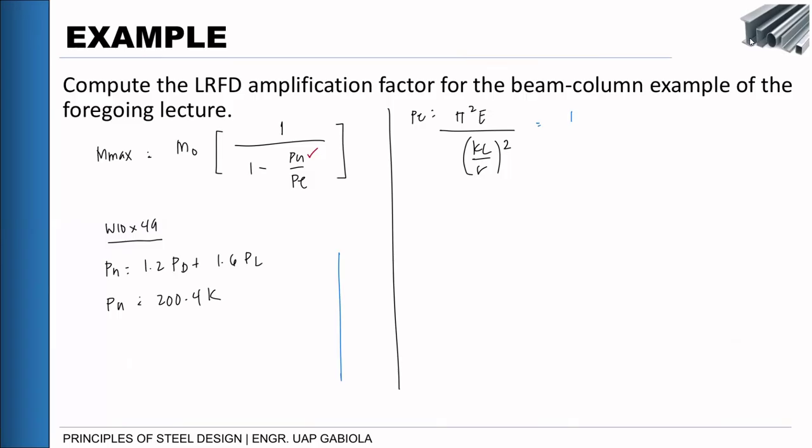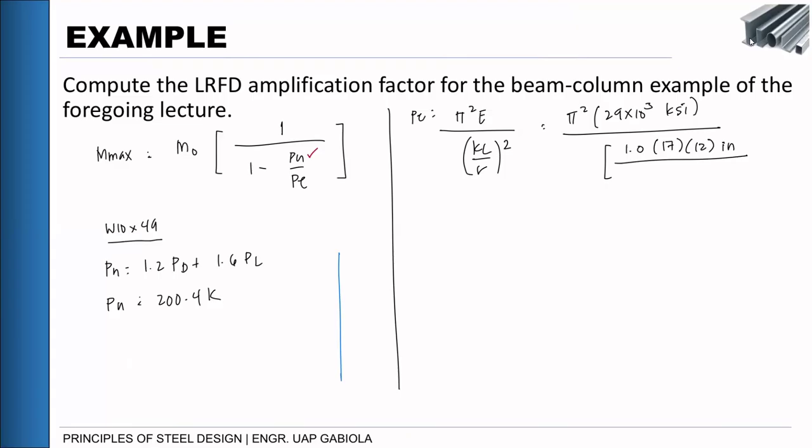So, we need pi squared times E, which is 29,000 ksi, over our K value, since that is a pin-pin connection, it is 1.0, times the length na ginamit natin, yung 17, of course. Tapos times natin 12 to make it in inches. All over yung rx natin.